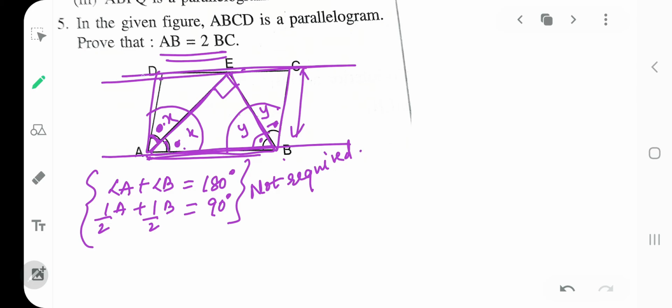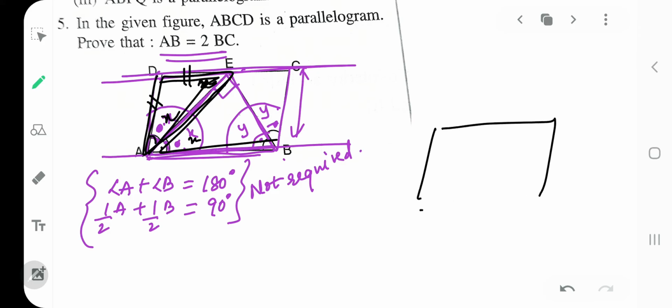So I can also take DEA is equal to EAB. That means EAB you have kept as x already, so this is also x, alternate angles. Getting my point clear? So if I go in this triangle now, DEA, you will notice that the base angles are both x. That means it's an isosceles triangle if the base angles are equal.